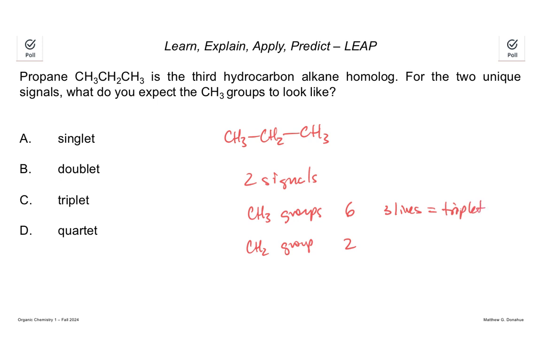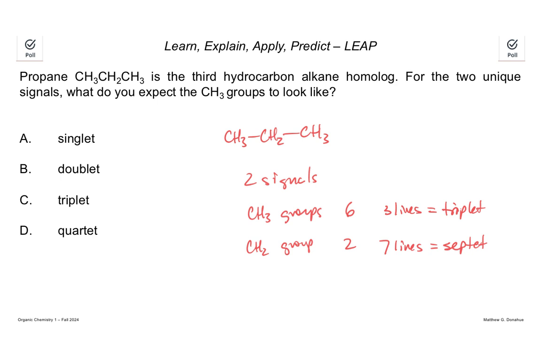And then the CH2 group has how many hydrogen neighbors? 3 plus 3, 6, plus 1, 7. So that's going to have 7 lines, and for lack of a better word, we'll call it a septet.